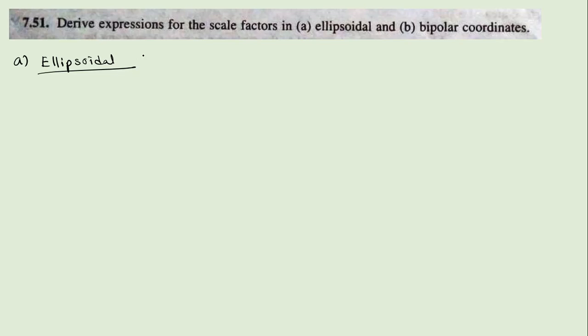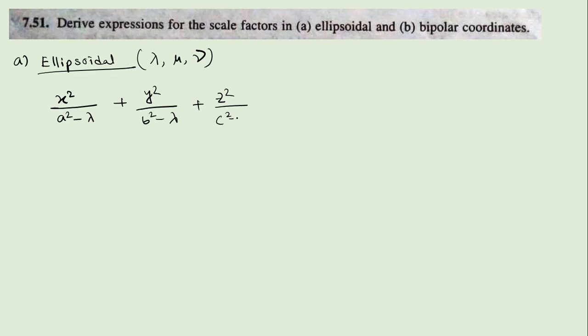In the ellipsoidal coordinate system, this is written as lambda, mu and nu, and the interrelation will be x square by a square minus lambda plus y square by b square minus lambda plus z square by c square minus lambda equals to 1, where lambda is less than c square, less than b square, less than a square, right?